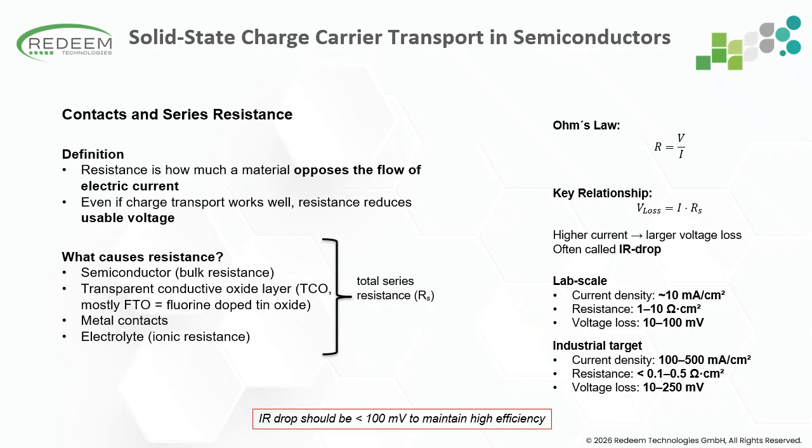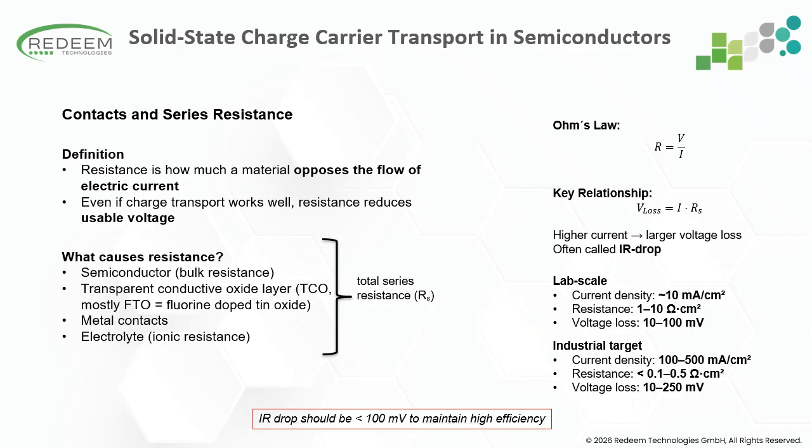So if you look at the list on the left, the total series resistance is the sum of several individual contributions. So first we have the semiconductor itself, then the transparent conductive oxide or TCO layer, which is usually FTO, we will talk about that later. We also lose voltage at the electrical contacts, and finally in the electrolyte due to ionic resistance.